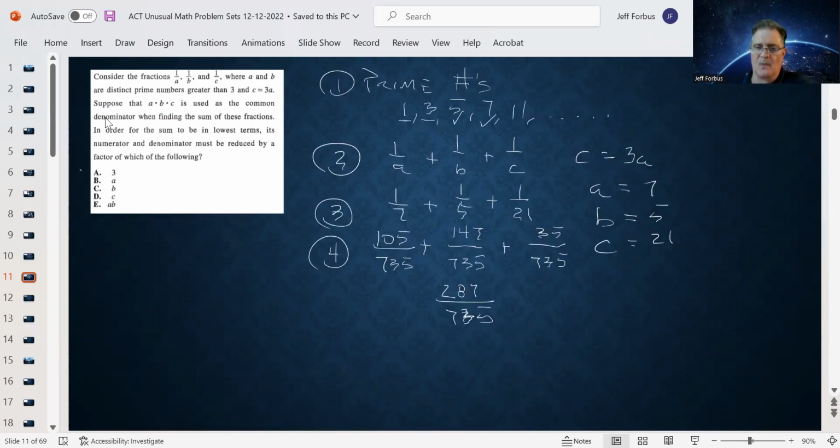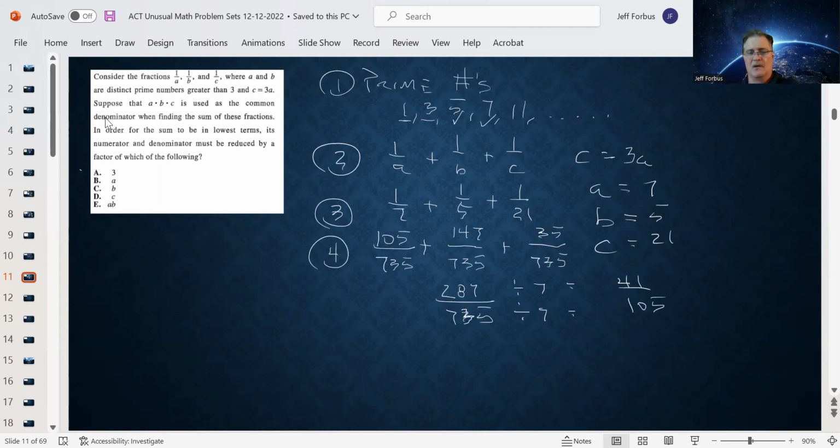Now, what number can we reduce 287 over 735 by? Well, it turns out the only number that we can use to reduce 287 and 735 is 7. So we can divide 287 by 7 and 735 by 7. And when you do that, we're going to get 41 over 105.